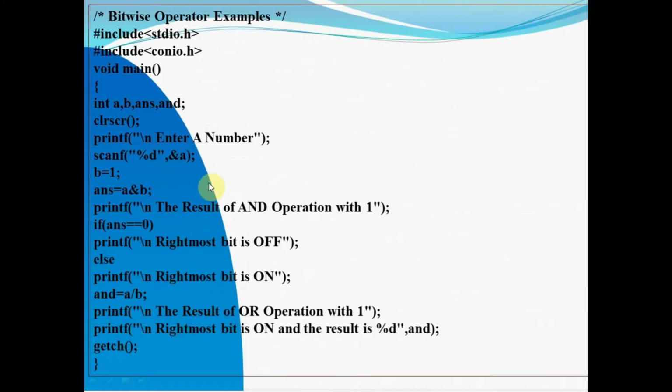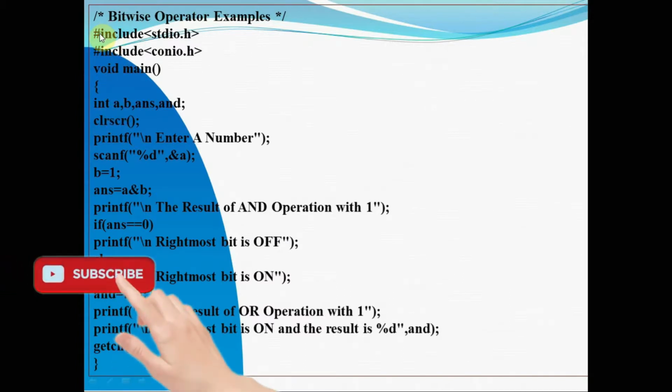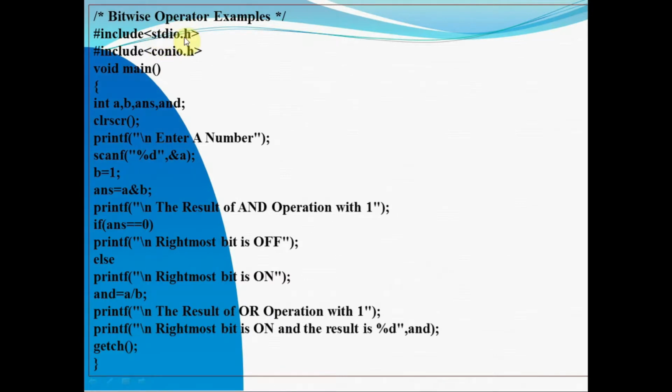So here is an example. The example shows how to print the value and how to get the inputs. For example, enter a value, it is a declaration part. Hash include: the header file is used for the printf and scanf statements.